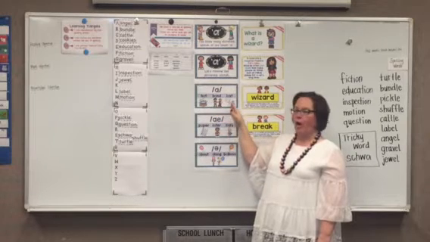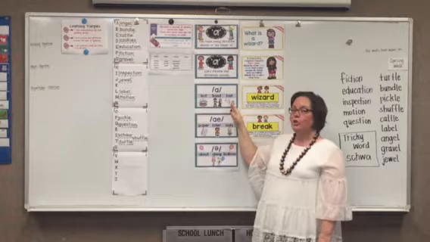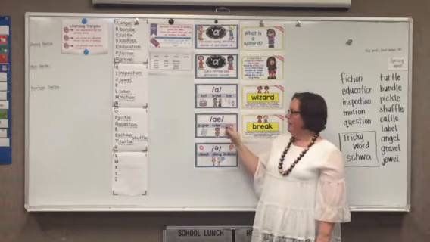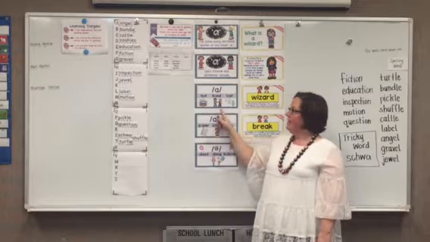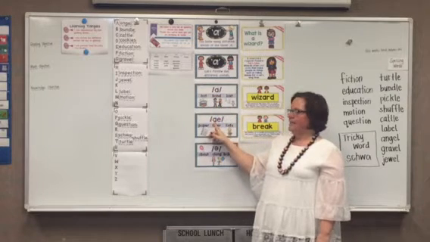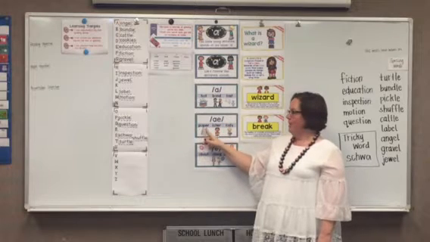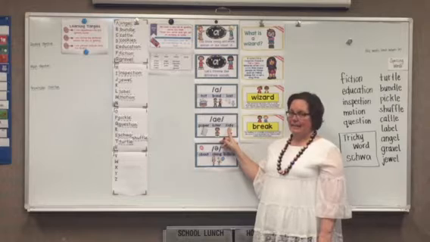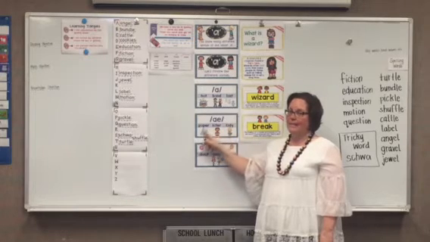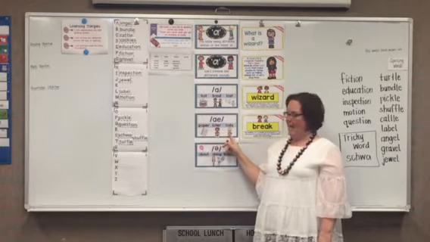As you notice, all three of those have a short A. Now, the A-E, this is A, this one's A. The A-E is paper, later, and lady. As you notice, this one is the long A.